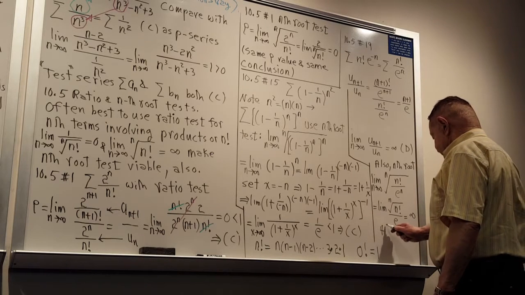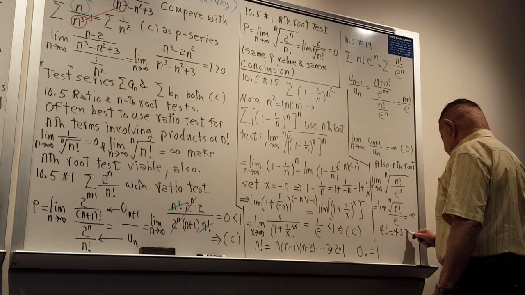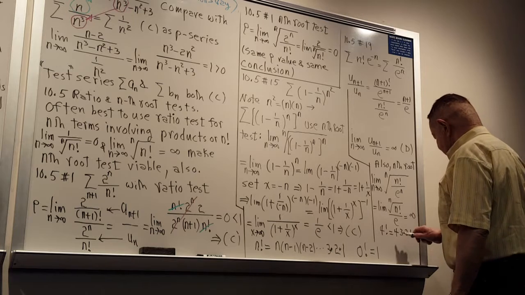4 factorial is 4, 3, 2, 1. So that's 24.